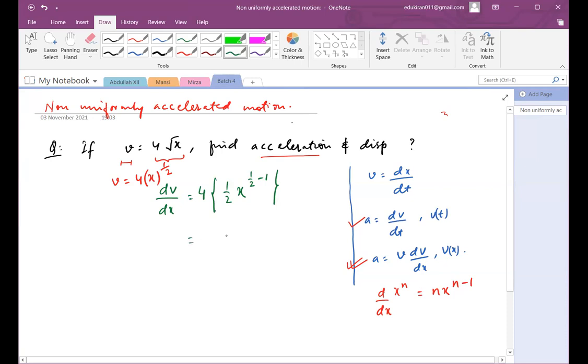On simplifying, half times 4 equals 2. So you will get 2 x raised to minus half, since half minus 1 is minus half. It will move to the denominator to become positive, and it will be just root of x. Is it clear till this part?